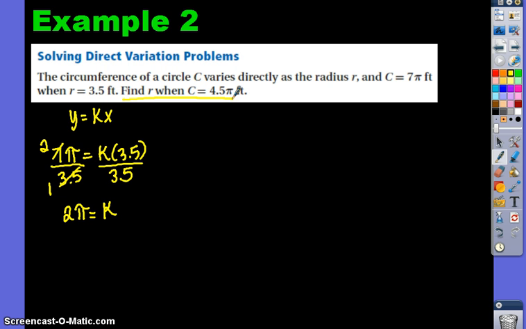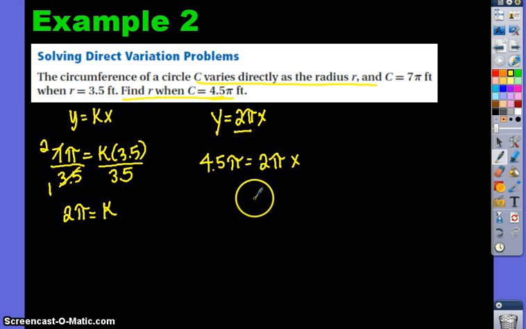All right, so now we know that this situation involves the equation y equals 2 pi times x, because that's what this first part set us up for. And we found what k is. K is 2 pi. So now we're going to plug this number into this new equation. We know c, which is our y, is 4.5 pi is equal to 2 pi times x. So we would solve by dividing by 2 pi, divide by 2 pi.